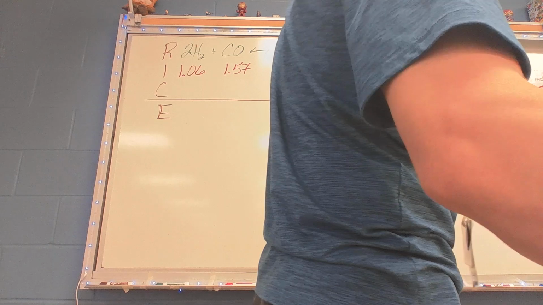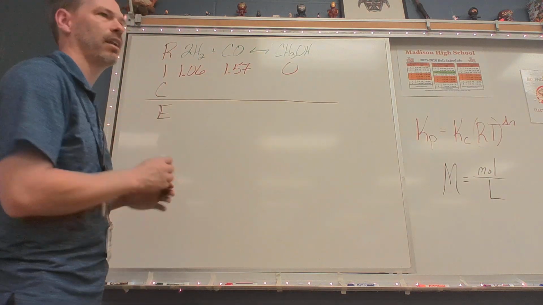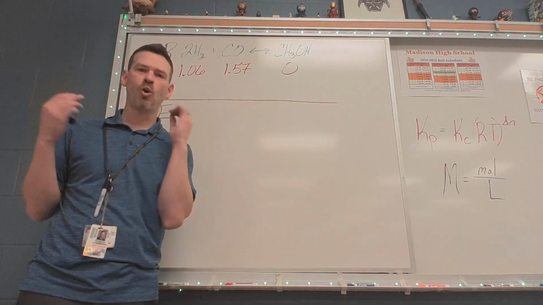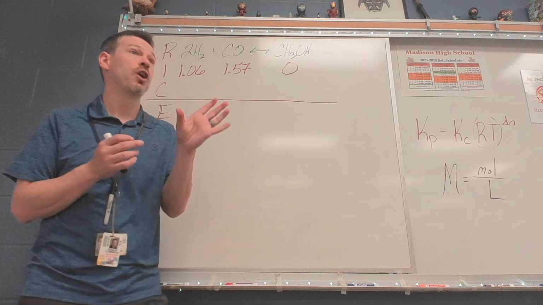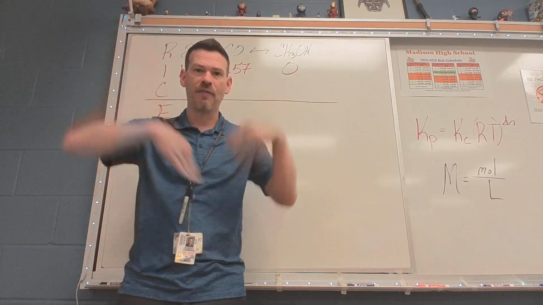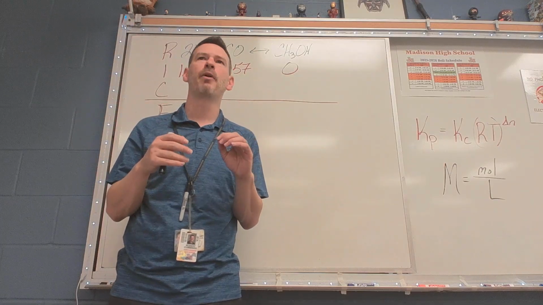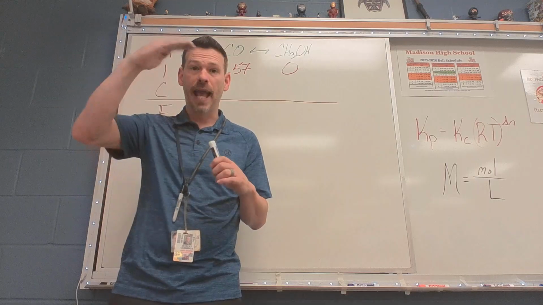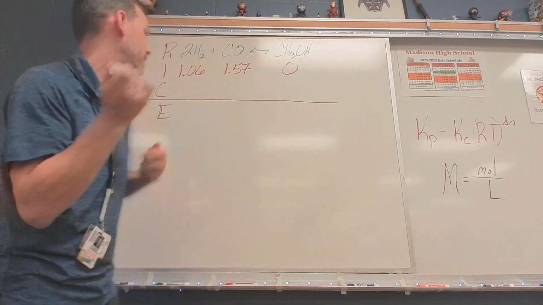Let's go over to cluster 2 and talk to seat 4. Hey, 2-4, what does C stand for? Change. Now this row is a little weird for starters, but here's how you're going to do the change. First off, though, remember our equilibrium graphs from yesterday? What did the reactants always generally do? Go up or down? The reactants decrease while the products increase. Watch how the change is.